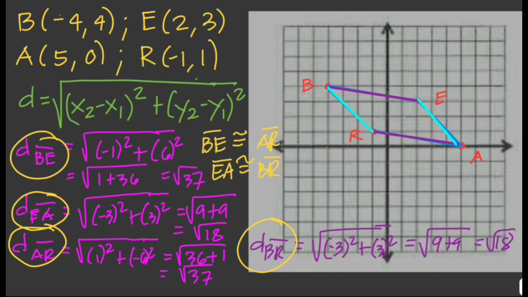Now, how do we distinguish whether this one is a rectangle or a parallelogram? Okay, now we need to solve for the diagonals. This one.